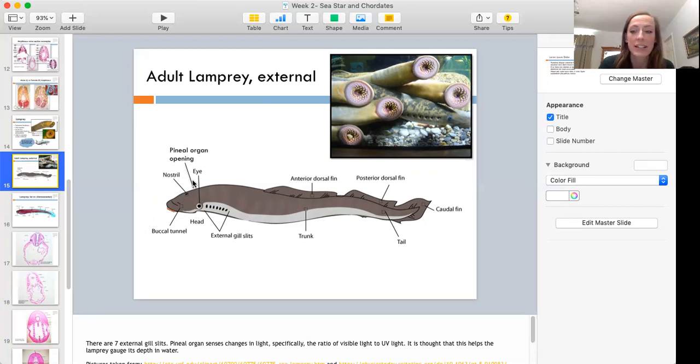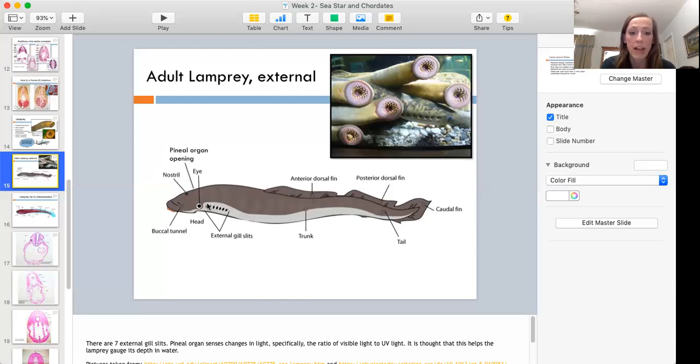This has the function of being able to sense changes in light. Specifically, it's believed to be able to tell the difference between different wavelengths of light, so visible light versus UV light. And this, we believe, helps the lamprey sense its depth in water, which is where it lives. Okay, so the pineal organ opening and the nostril are singular structures on the top of the head.